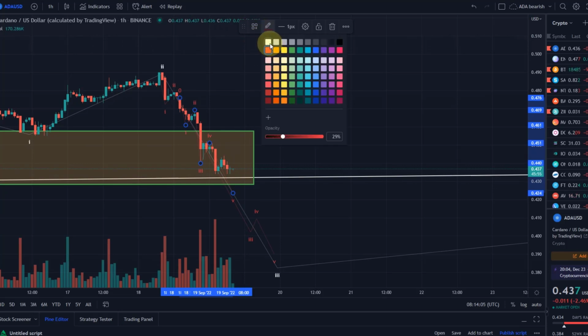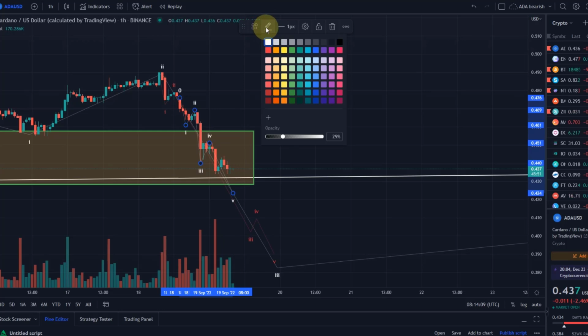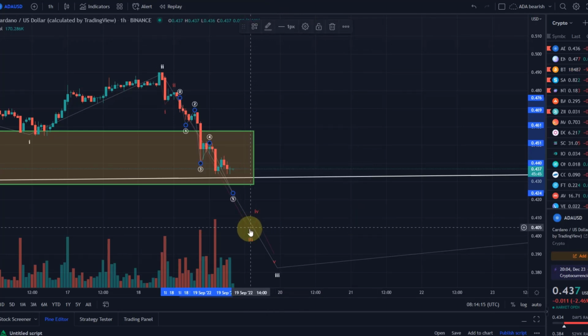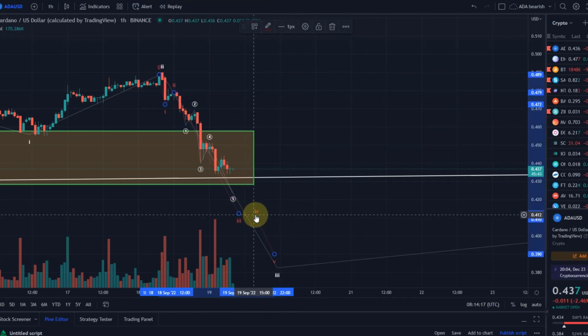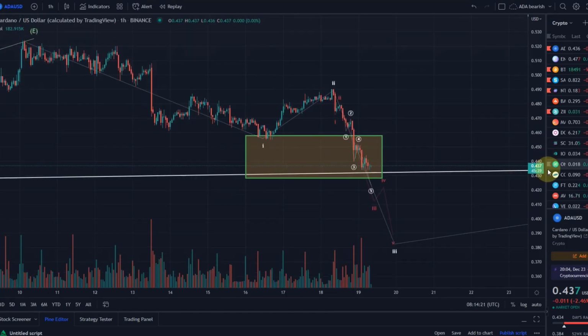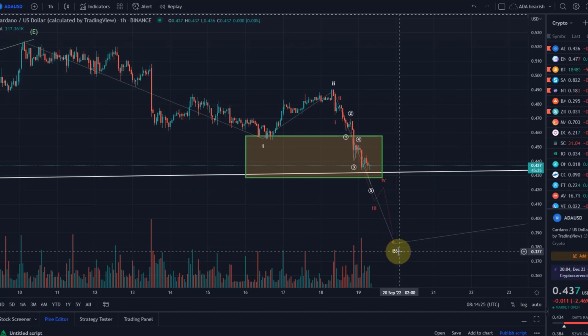So I'll make that another color. Again, don't pay too much attention to the subwave counting, because it can change depending on the latest movements, but it's always good to have some orientation. That would mean we're now in the wave 5 of a wave 3, but not yet finished with the wave 3 in white here.